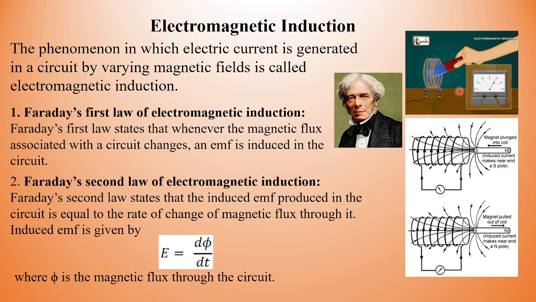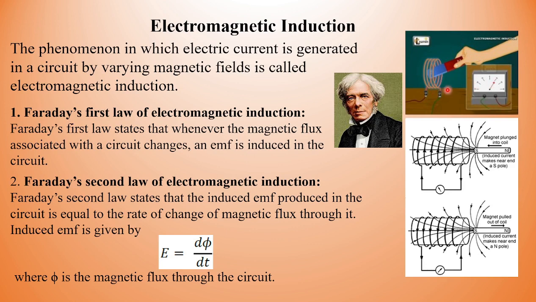Here you can see a coil, and the two ends of the coil are connected to a galvanometer. When we insert a bar magnet inside the coil, you can see a deflection in the galvanometer. When we take out the bar magnet, there is also a deflection, but in the opposite direction.